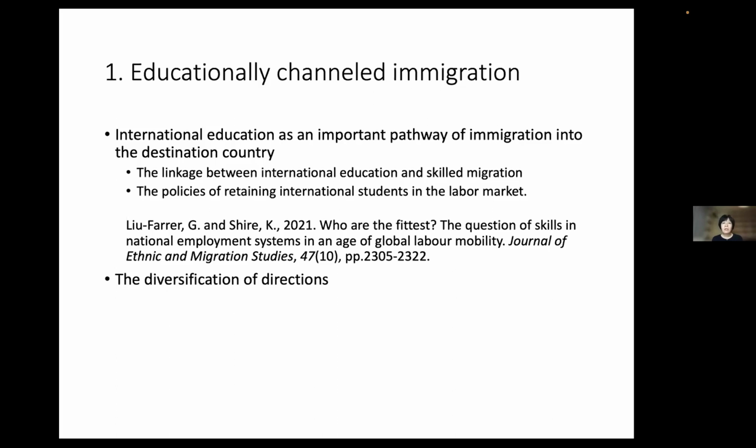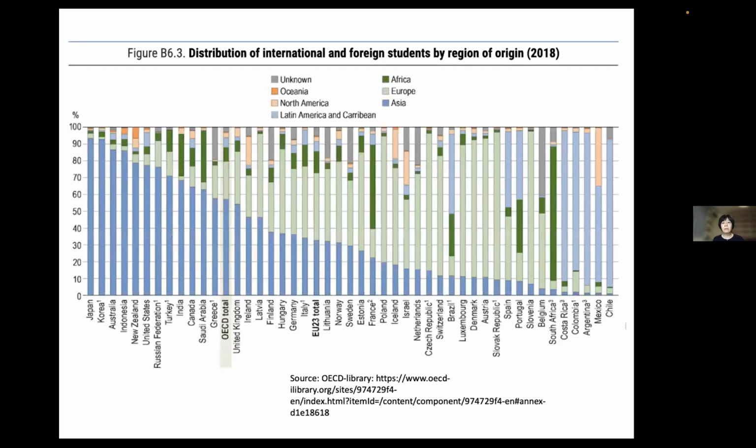Places like Russia, like China tries to have 500,000 students. It's a one belt, one road policy, as partially to also attract international students. And Japan, obviously, now has close to 300,000 international students. So there is a diversification of directions of student mobilities.